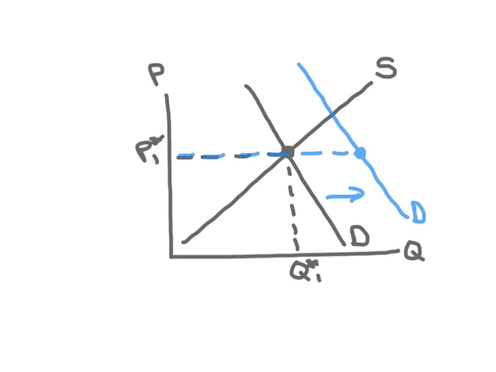In other words, we've now entered a disequilibrium, meaning that there is a difference between the quantity of healthcare being supplied at P1 and the quantity being demanded at P1. In other words, we now have a shortage because the quantity demanded is higher than the quantity being supplied.